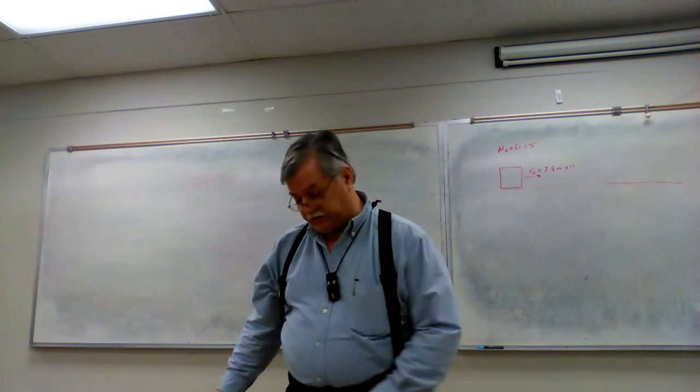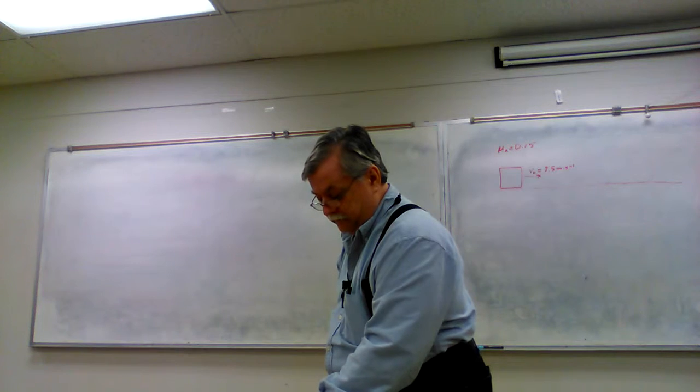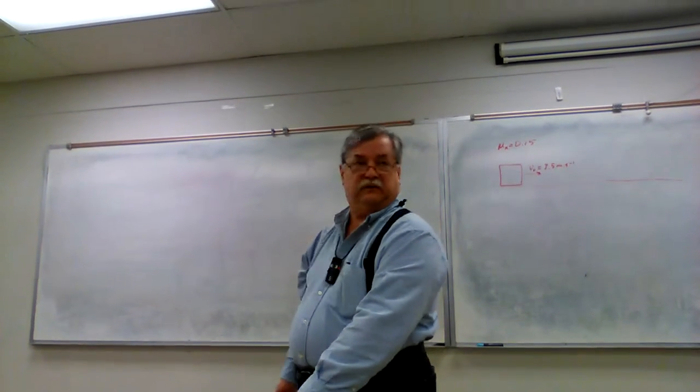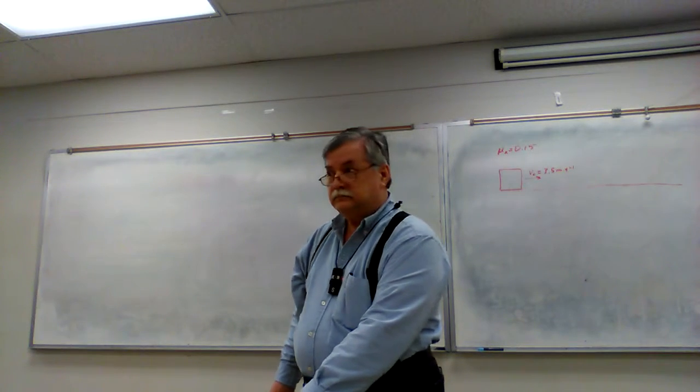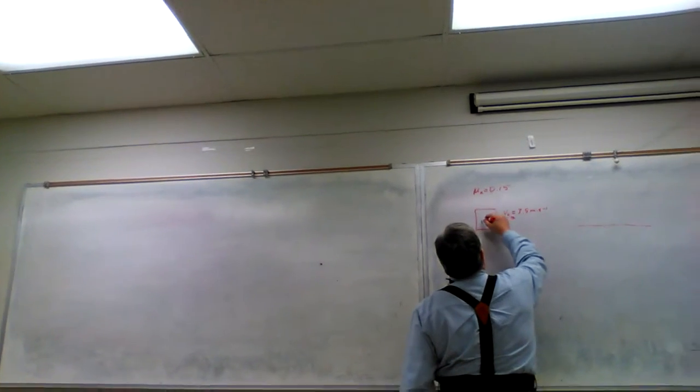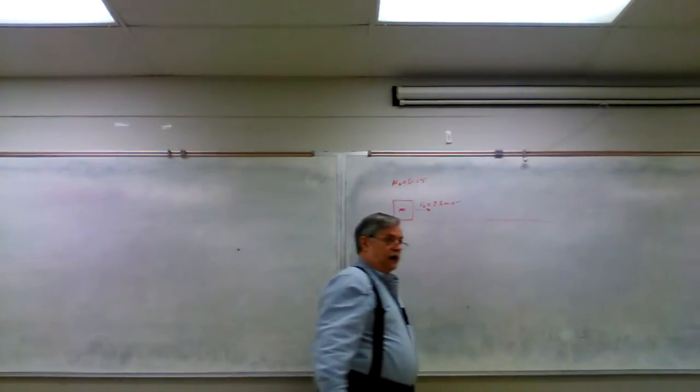Does everyone notice that at no time does it tell us what the mass of this box is? It's an unknown quantity, but we know it's got to have a mass.